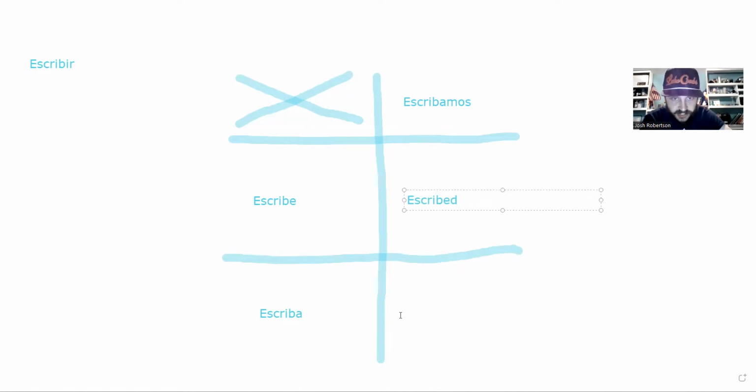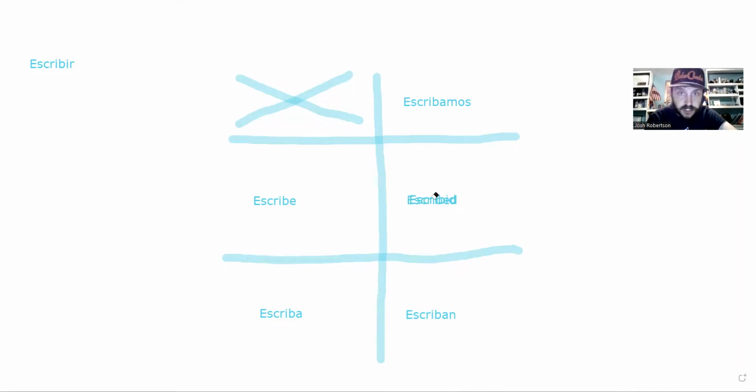Ellos, ellas y ustedes escriban. Check my work here. Oops, I was wrong. This one is actually escribid. Escribid. Sorry about that.